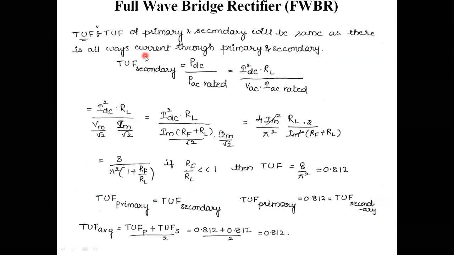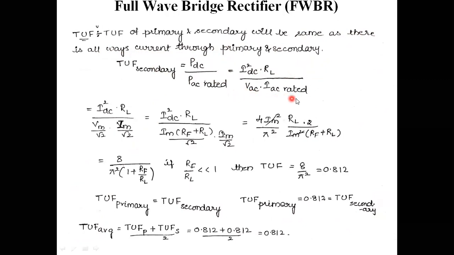And TUF of primary and secondary will be the same, as there is always current through the primary and secondary. That TUF secondary is given by PDC by PAC rated. PDC is equal to IDC square into RL.